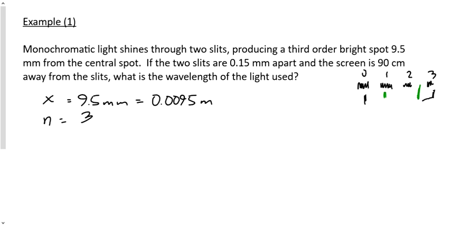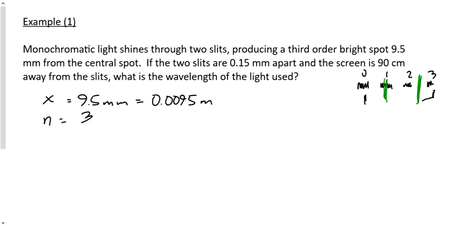Right now you can see the benefit of sketching it. First order maximum to third order minimum, n would have been 1.5 in that case. It's easier to see when we sketch this out. We're going from 1 to 2.5, so it would be 1.5. But here we're 3, because we're going from 0 to the third order maximum.